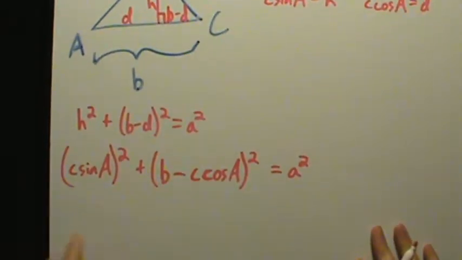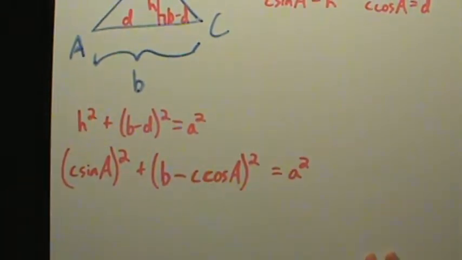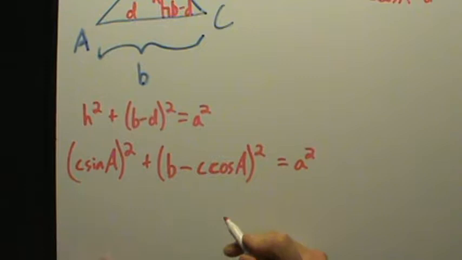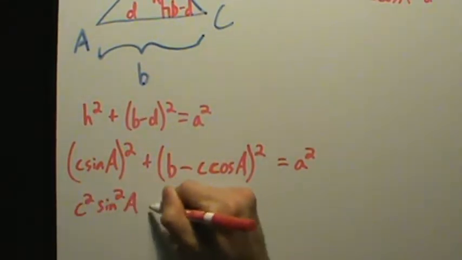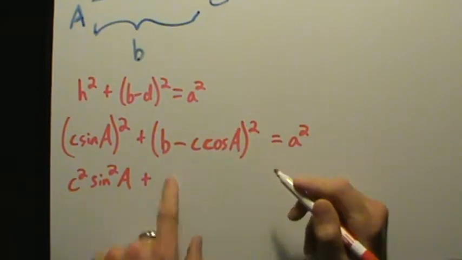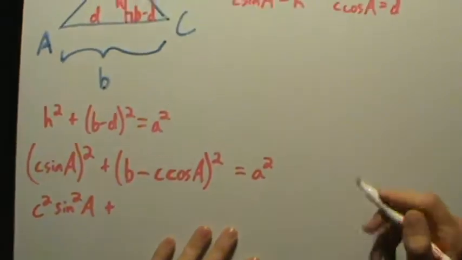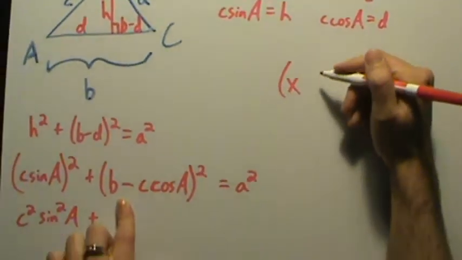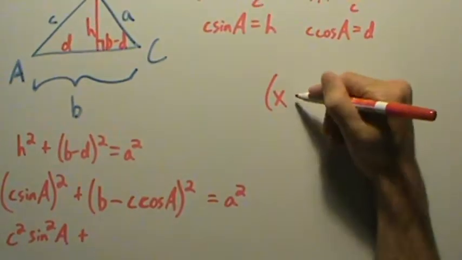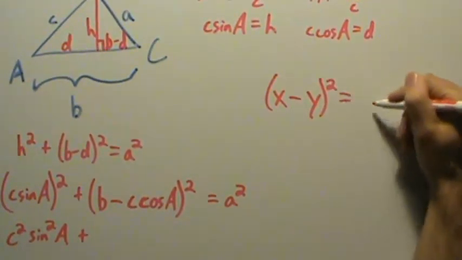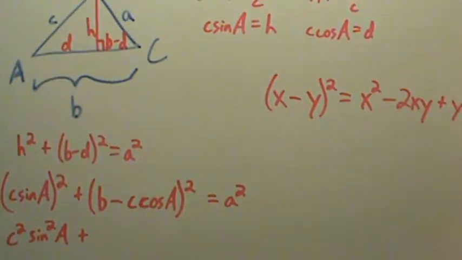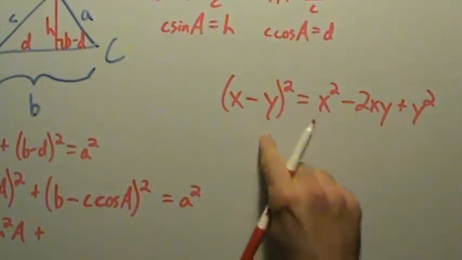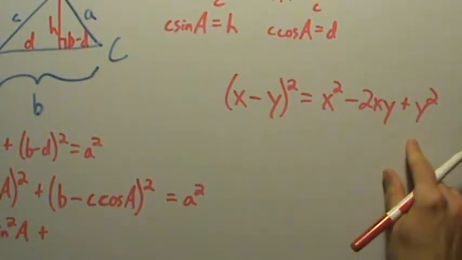Now we're going to expand this and simplify, and what's going to come out of that is one of the equations from the law of cosines. If we simplify, this is c squared sine squared of A. Then here we're going to FOIL. This is something minus something else, the quantity squared, so x minus y quantity squared, which is x squared minus 2xy plus y squared.